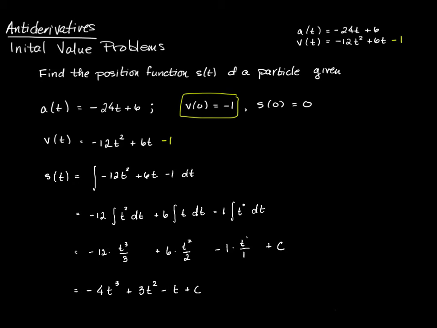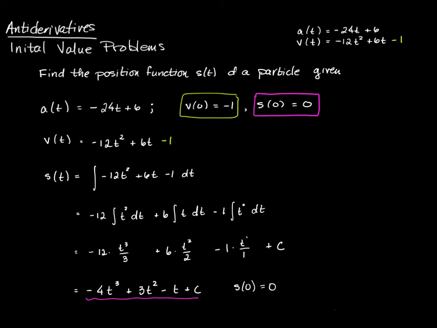The nice thing is I've also been given some information about the initial position of the particle. In other words, now that I have a position function in general, I can use the fact that s of 0 is 0 to find out what c is in this case. s of 0, I'm told, is equal to 0.